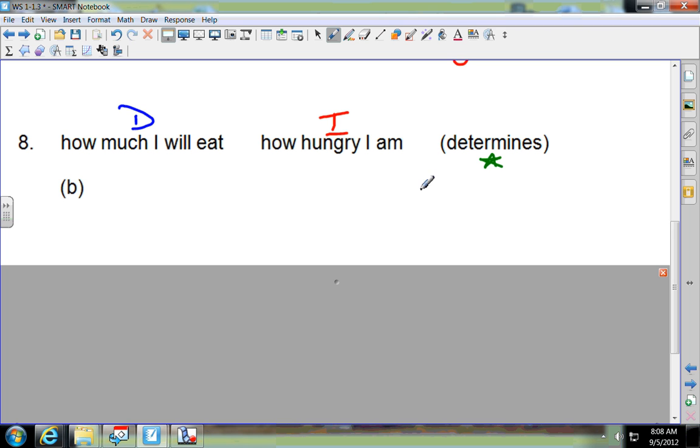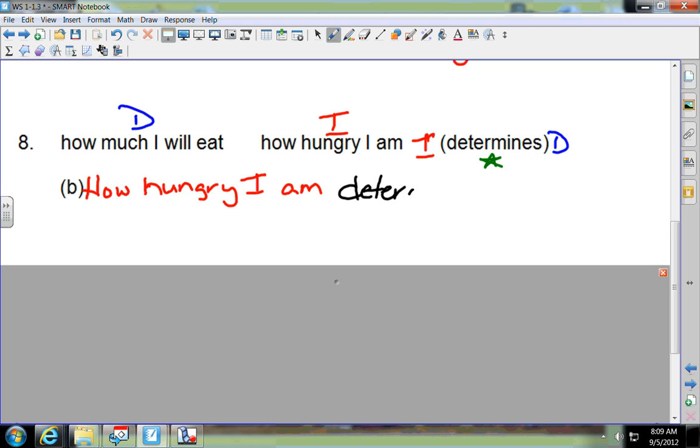It's going to be the independent determines the dependent. So, how hungry I am determines how much I will eat.